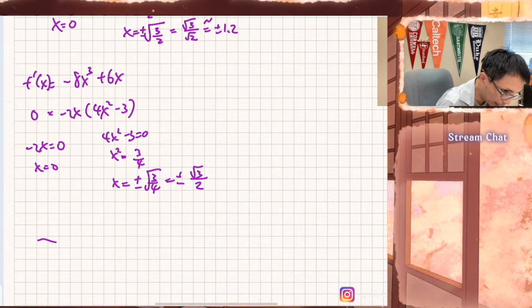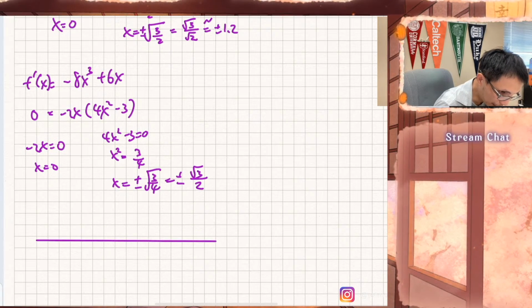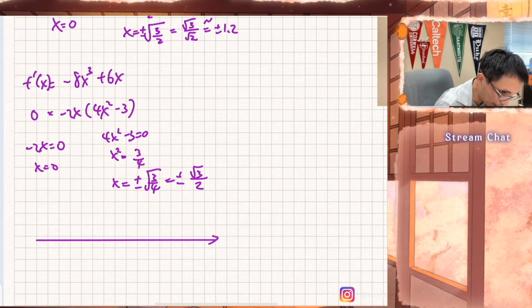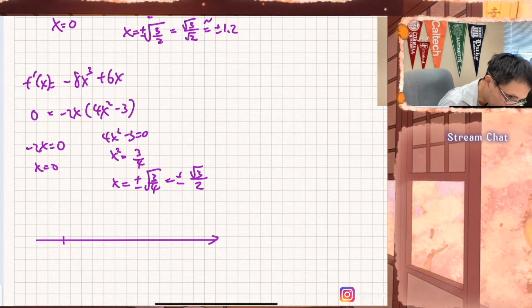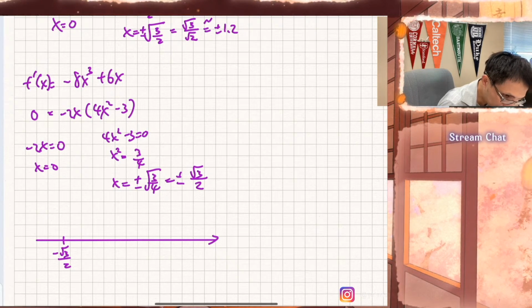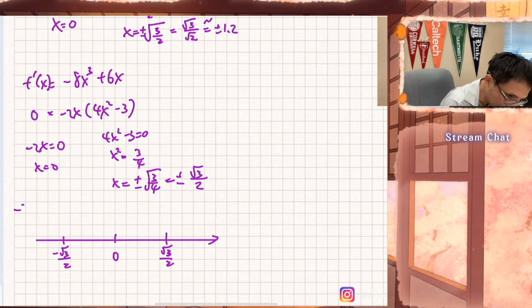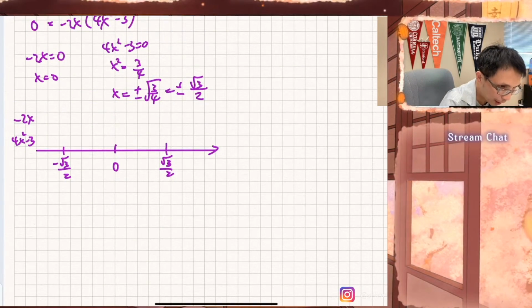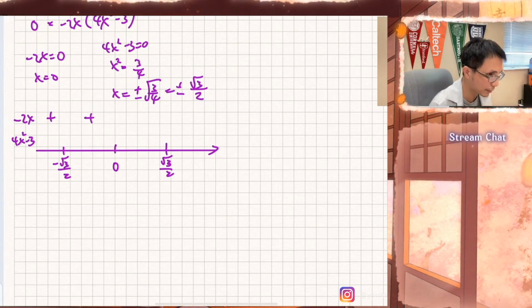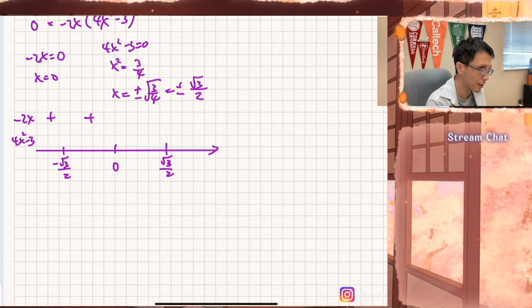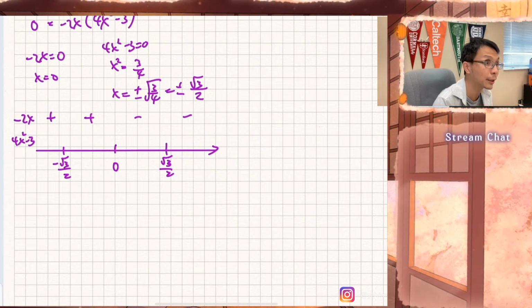Now I will do the number line test. I'm going to do it between negative square root 3 over 2, 0, and positive square root 3 over 2, using negative 2x and 4x squared minus 3. Of course, I'm going to get positive here, because if I plug in a negative value, negative times negative is positive, and negative here.